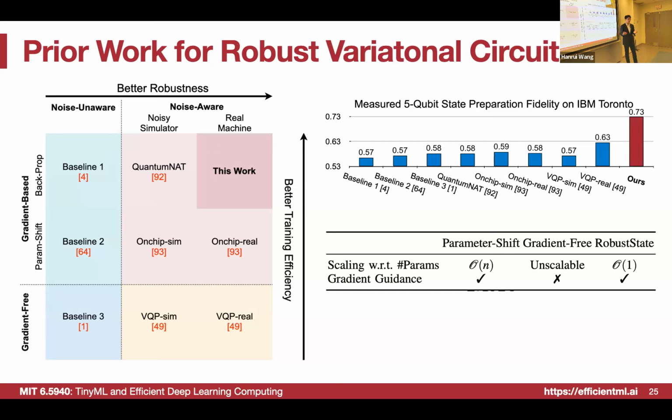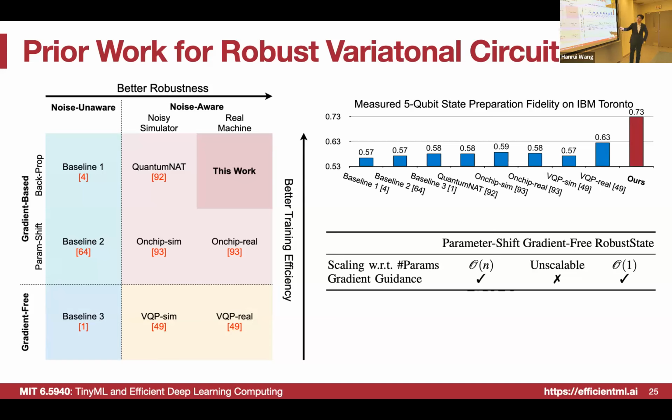Imagine training a large neural network where we can't do backpropagation and can only use a zero-order optimizer; that would be very inefficient. There are several previous works doing backpropagation on a noise-free simulator, or training with the actual device but not using any gradients.